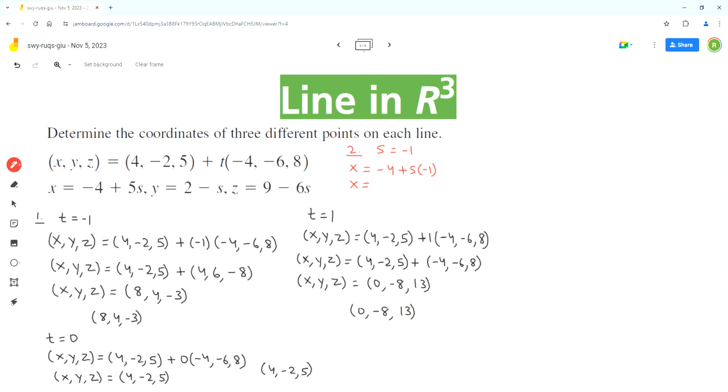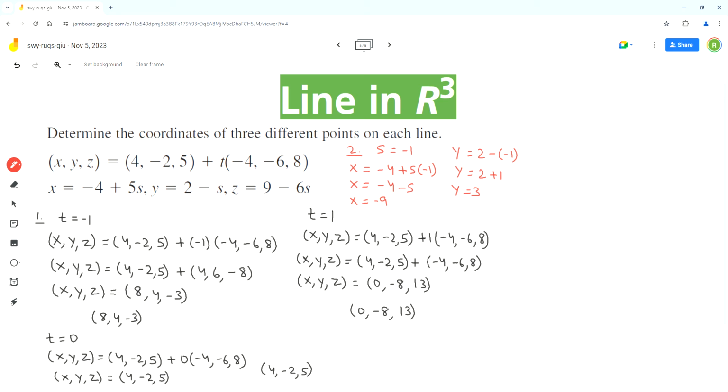Now I can simplify the expression. I get x equals -9. Now we can do the same for the y equation. I get y equals 3.